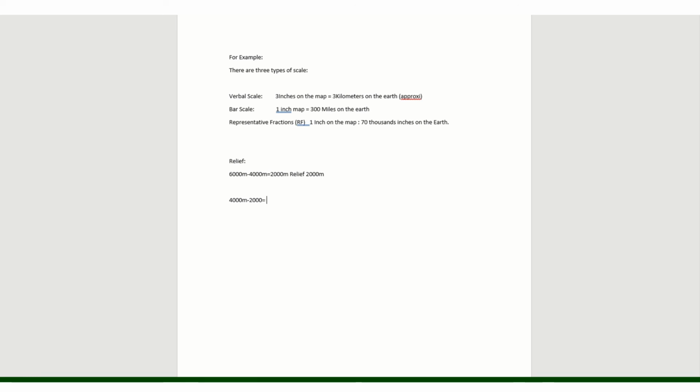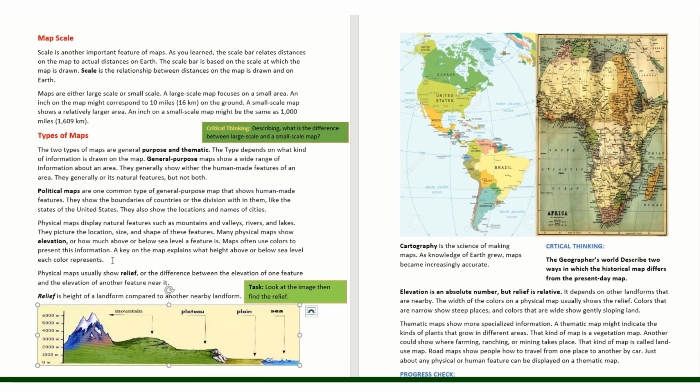So that's relief. Relief simply is the difference between two elevations on the feature of the land. So these are the two elevations. Elevation is the height of the land.